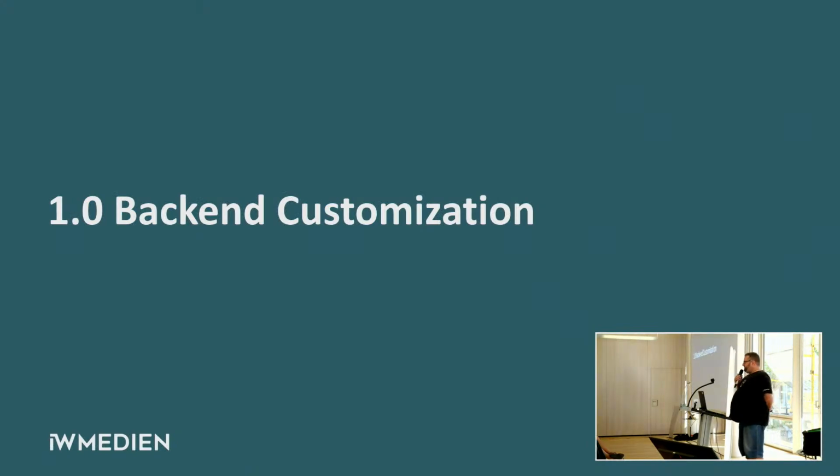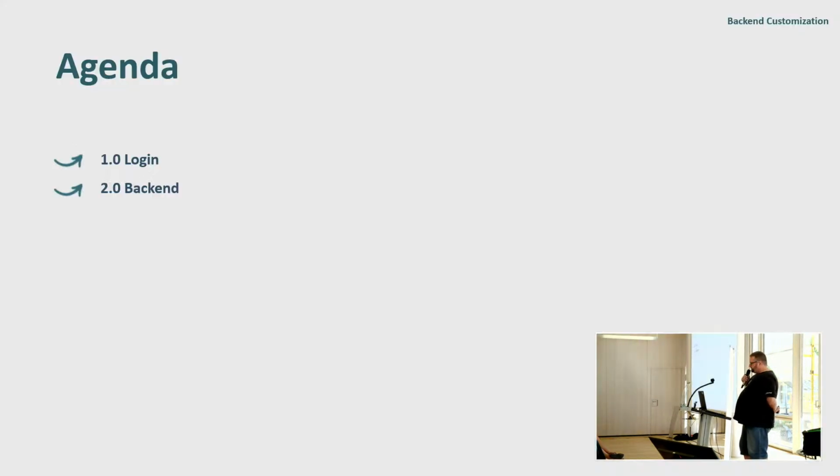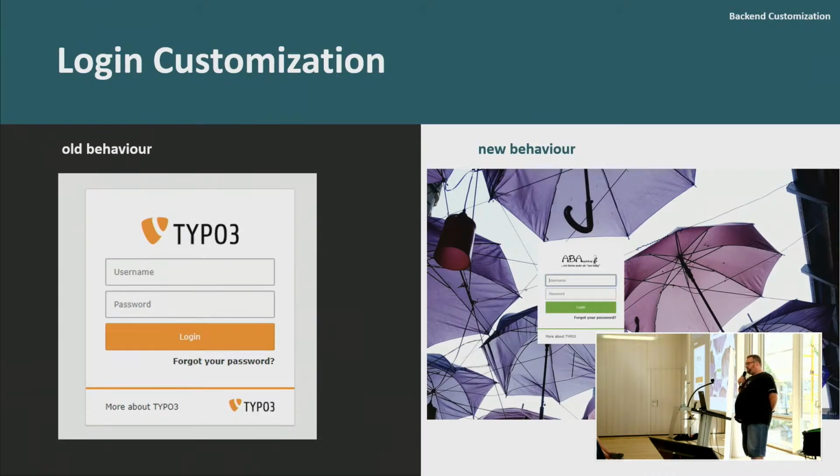We will start with the backend customization, and the first thing the editors will see is the login. We know it's a wonderful orange, but the customer will see a little bit more, with the logo from the customer and a wonderful picture.